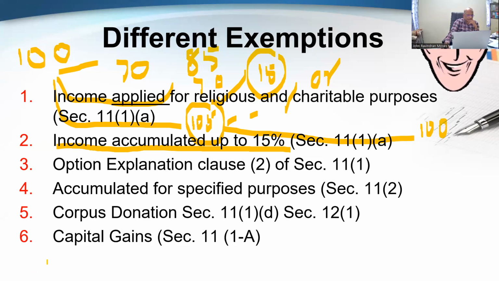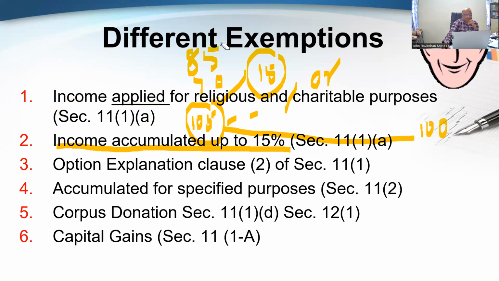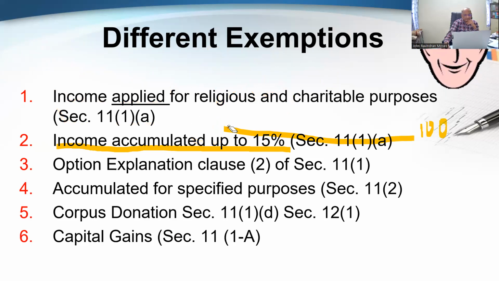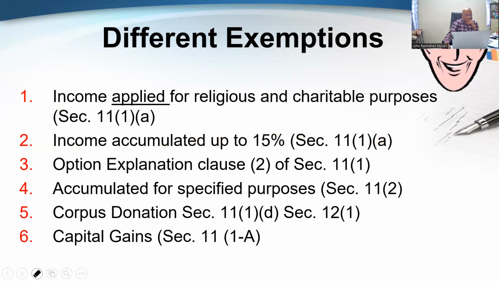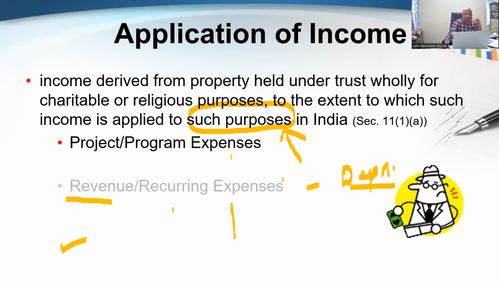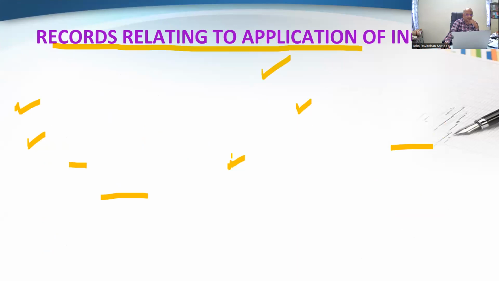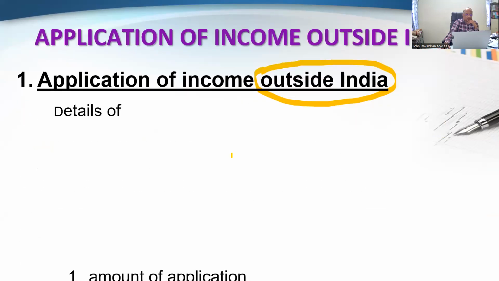And many times, life will not be very simple, okay, right? Not all of us get general donations and are able to spend the money. There can be instances where we get project income. What is project income? My donor says that I'll give you, let's say 12 lakhs, and you spend the money in 12 months.